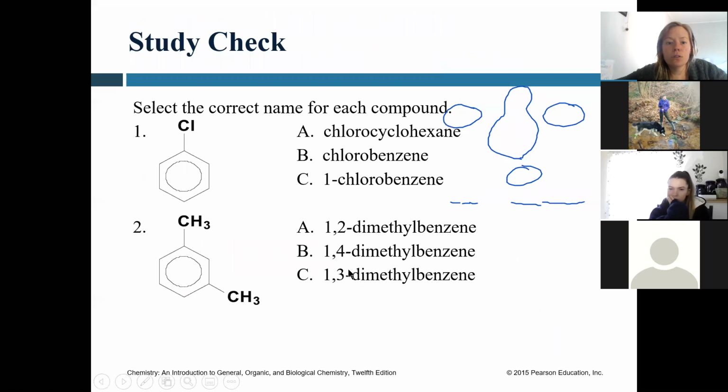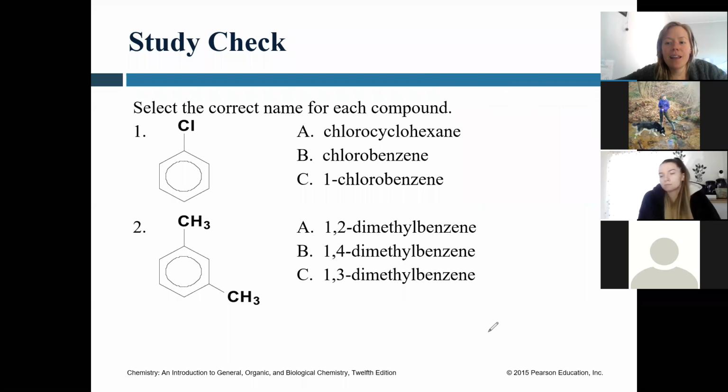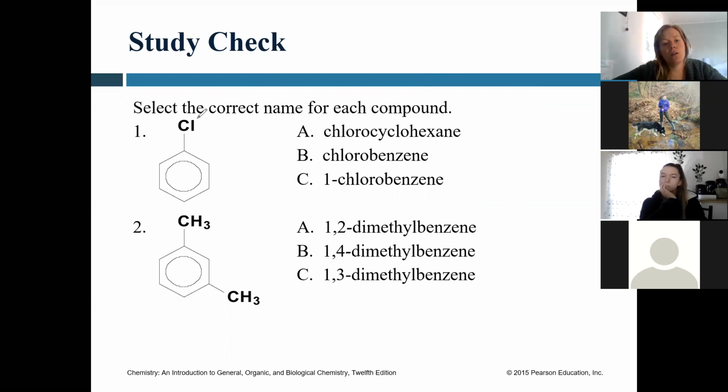There's another one down here. So, okay, let's look at these guys. Let me erase that. So let's go ahead and name these things. So this here has a chlorine group on it and a benzene ring. So benzene and the chlorine, there's only one accessory here, so we just assume that's on one.